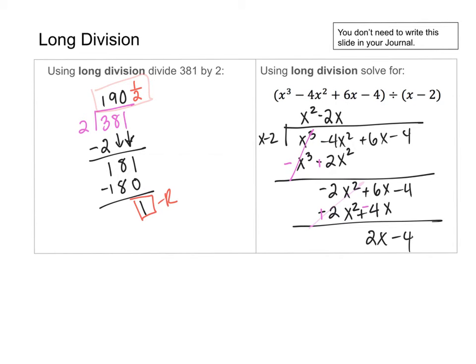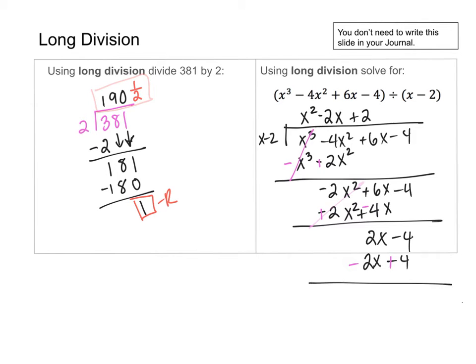And if I multiply this x minus 2 with 2x, right? So let's think about it. What do I need to multiply to give me 2x? 2. So if I put a plus 2 here, positive 2 times x gives you 2x. 2 times negative 2 gives you negative 4, but then you have to subtract.